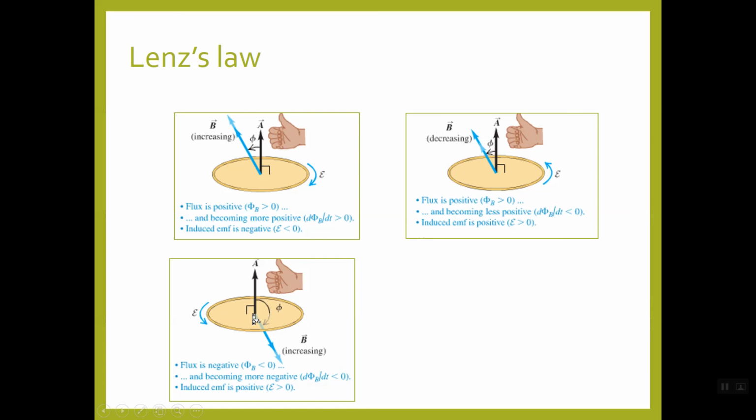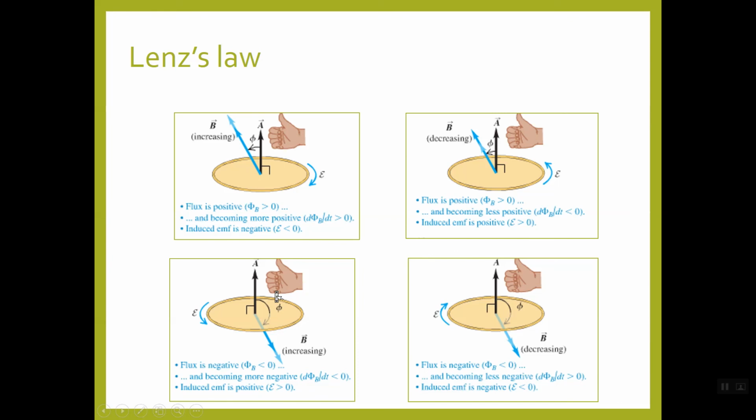On the other hand, if you have a negative flux, but it's becoming more negative, so it's increasing in the negative direction, the induced EMF is positive, so going counterclockwise. And finally, if the flux is negative but becoming less negative, the induced EMF is negative, so going clockwise in this scenario.